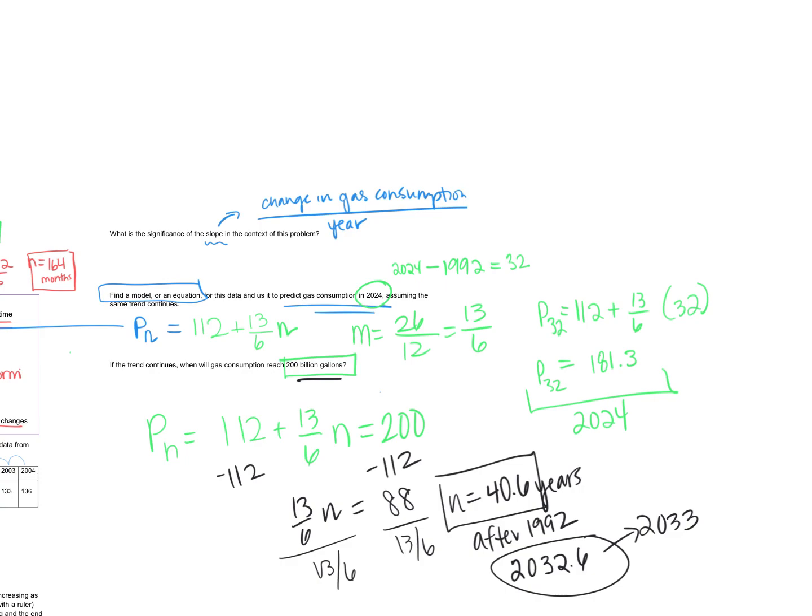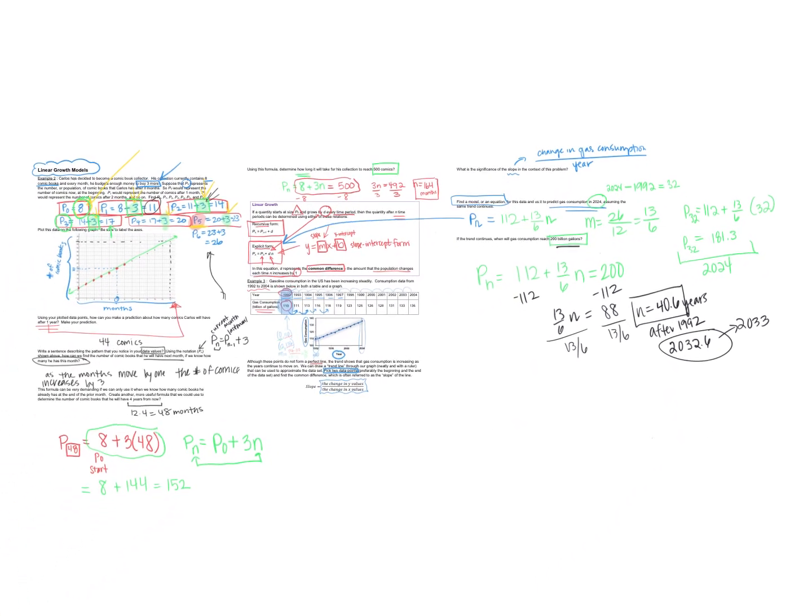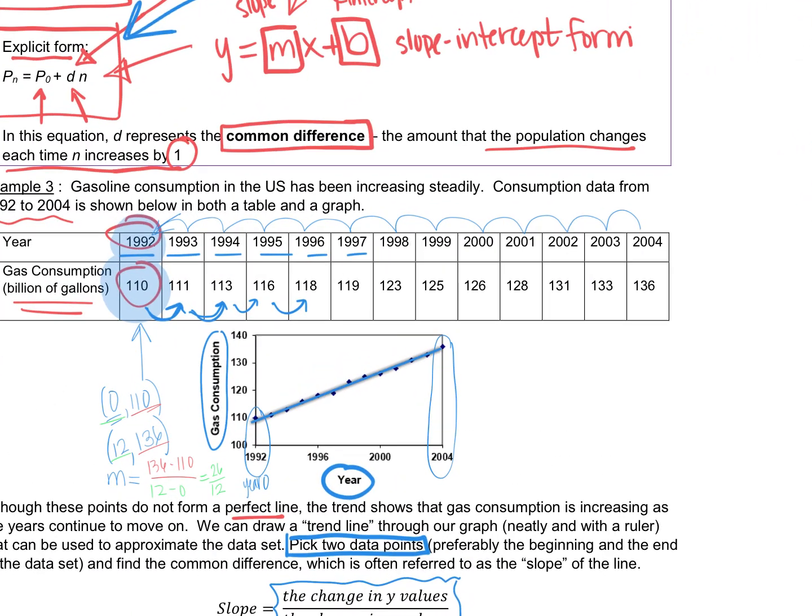Now, just a little reminder that we used these two data points. I used 0 being the 110 and 12 being the 136. If I would have chosen other values that were not those two endpoints, then our line could be slightly shifted, so your numbers might be a little bit off.